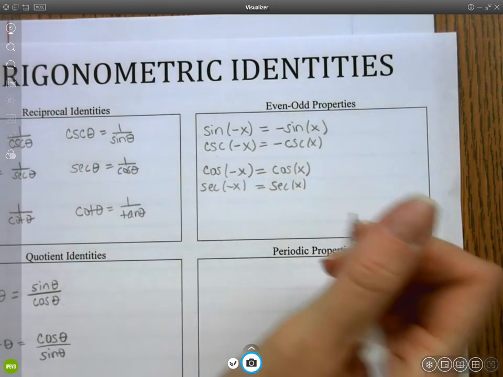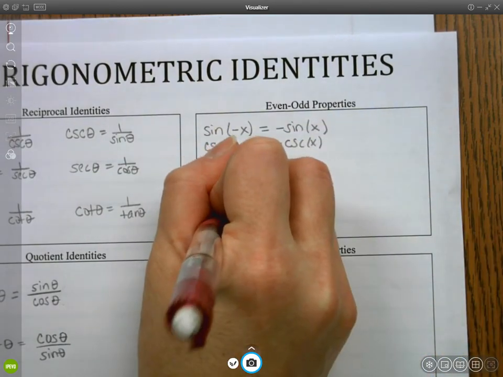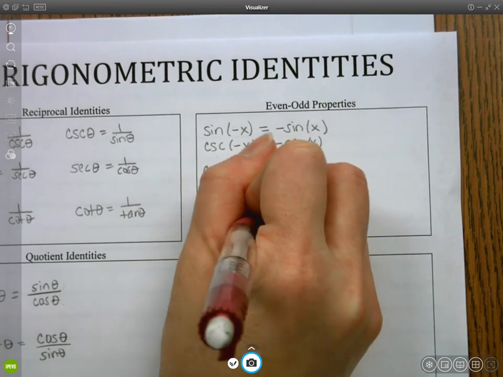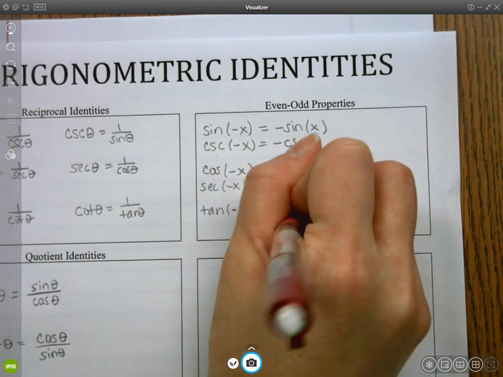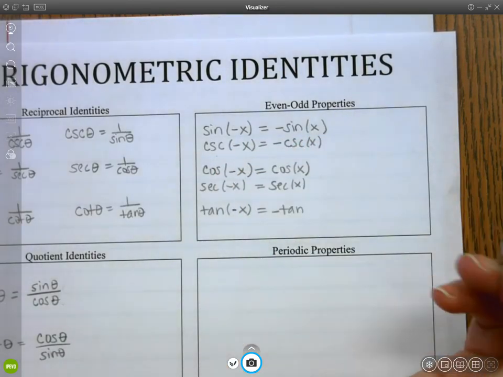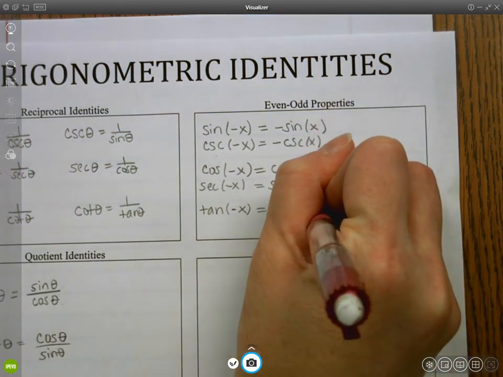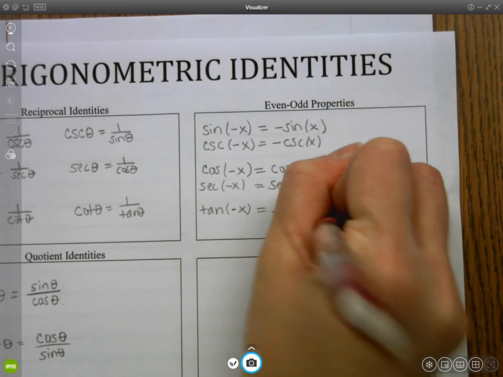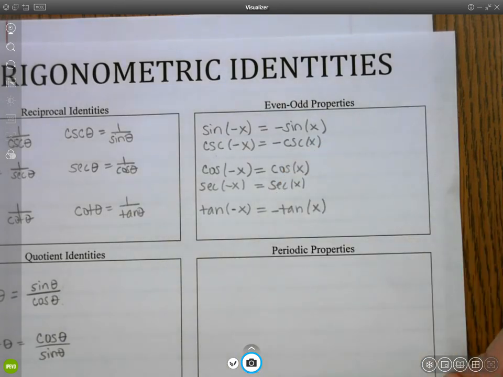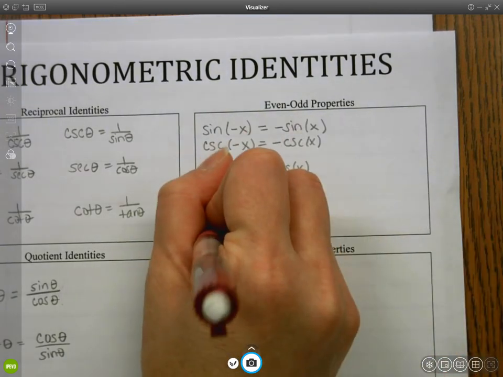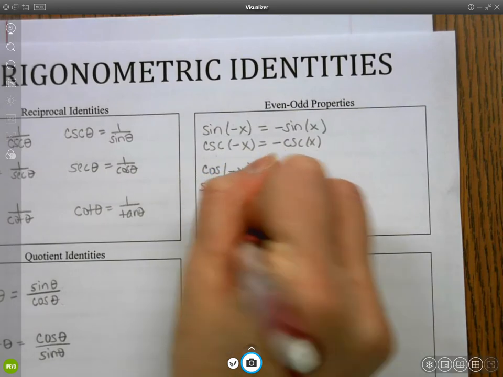All right, and then tangent is an odd function. We'll use 45 because that's easier. Tangent at 45 is 1. Tangent at negative 45 is negative 1, so the opposite. And then cotangent is its reciprocal, so it behaves the same.